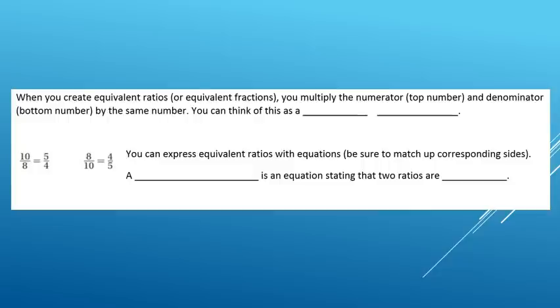We just identified 10 to 8 and 5 to 4 as equivalent fractions, or also equivalent ratios. And we know they're equivalent because you multiply the numerator, the top number in one of them, and the denominator by the same number. You might think about this also as a scale factor.